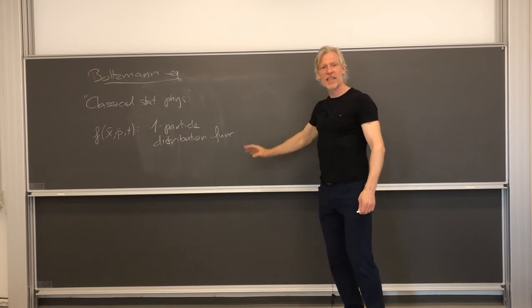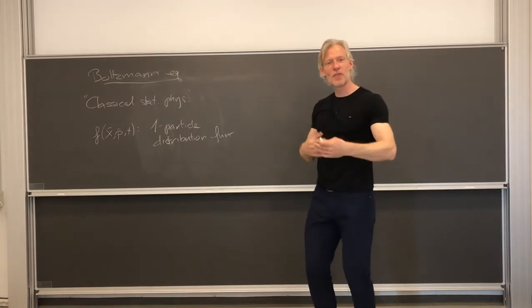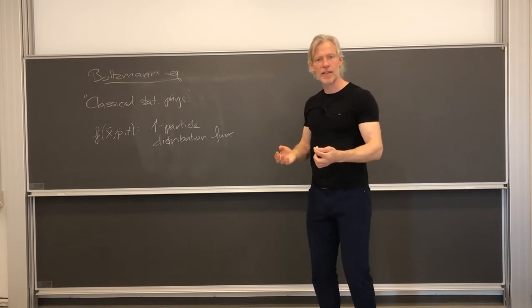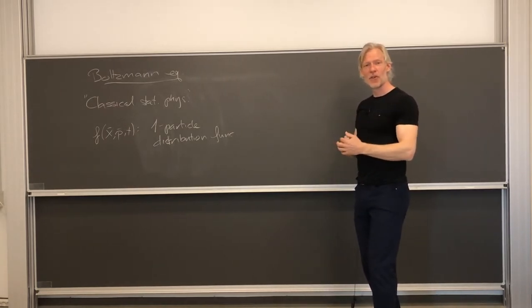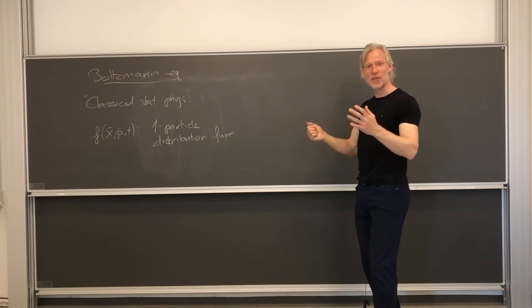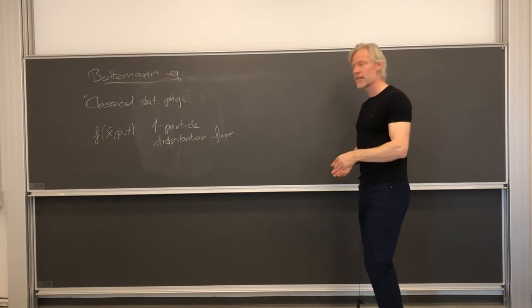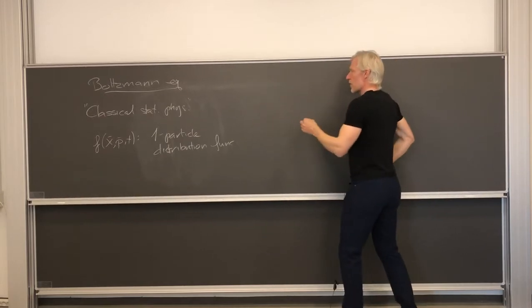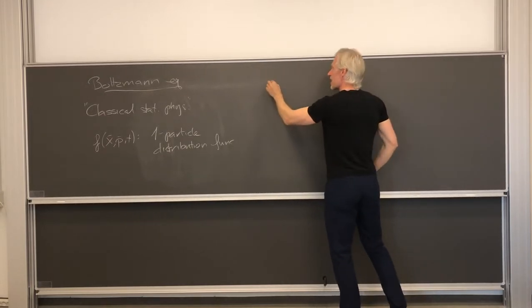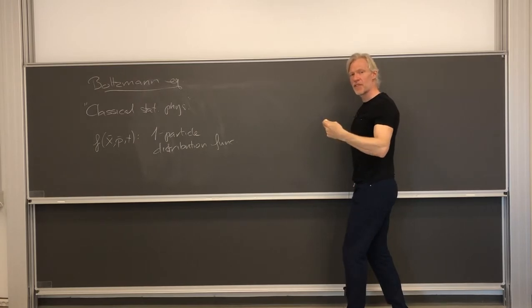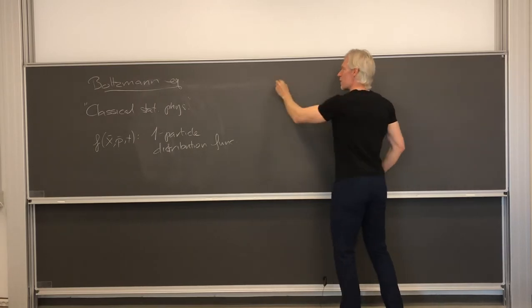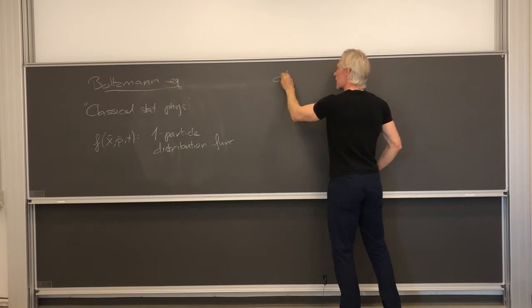Whatever the equation is, it must be some form of conservation equation that contains, for example, all the classical normal conservation laws like energy and momentum conservation. What turns out to be the case is that this conservation equation for the distribution function can be cast in the following super simple way.